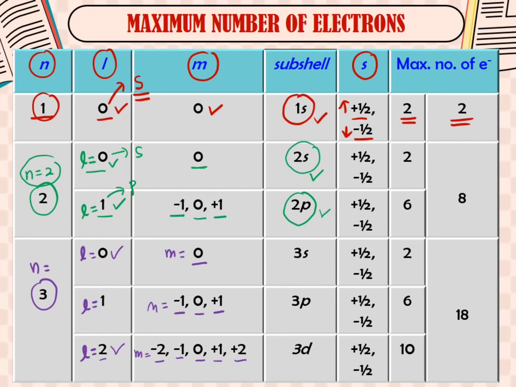Okay. So, kalau L0, dia refer kepada S shape. So, kat sini 3S. Sebab 3 ni bergantung kepada N. S ni depends kepada L. Okay. So, untuk L equal to 1, 3P subshell. L equal to 2, 3D subshell.